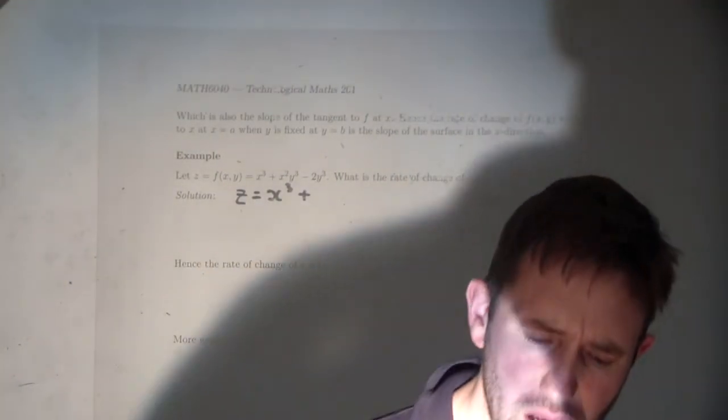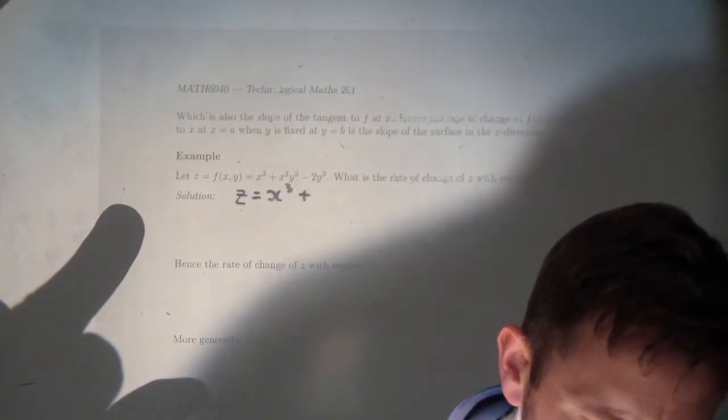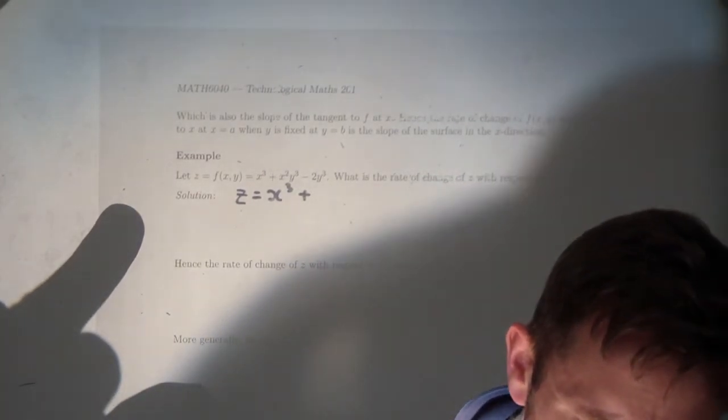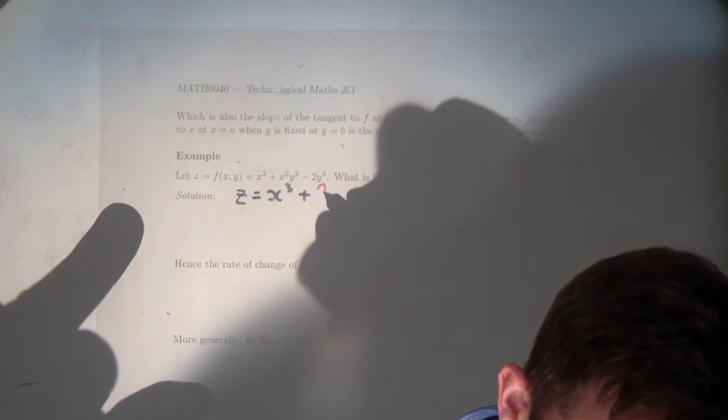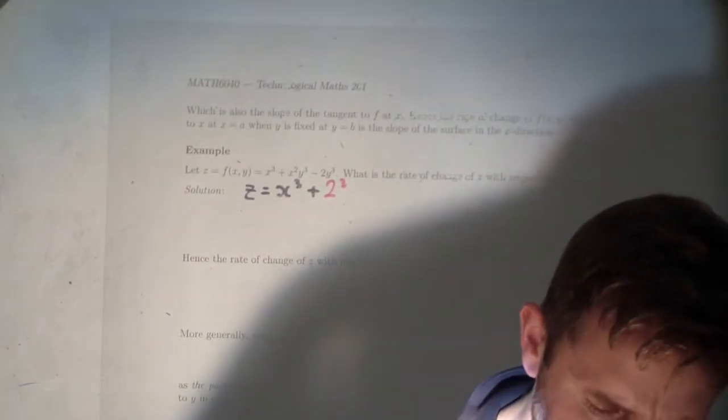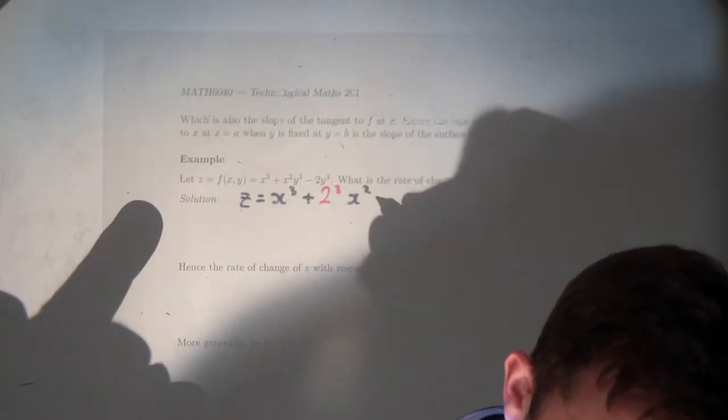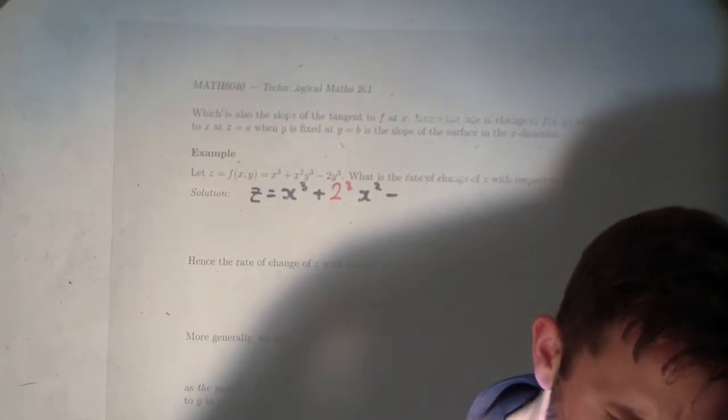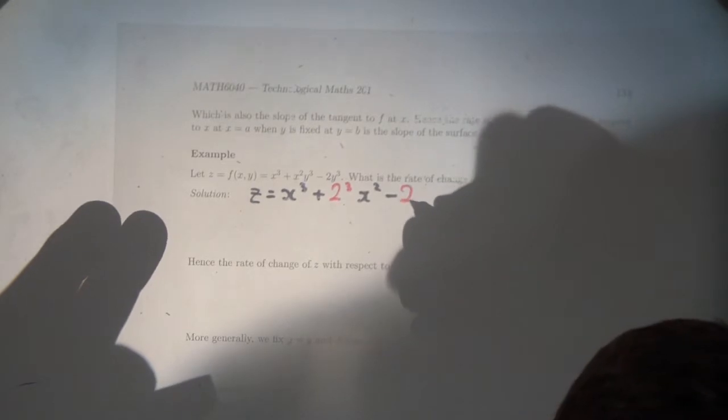I'm going to write it as x cubed plus, now for reasons that will become clear, I'm going to write the y cubed before the x squared, and I'm not going to write y cubed is equal to 8, I'm just going to keep 2 cubed times x squared minus twice y cubed.